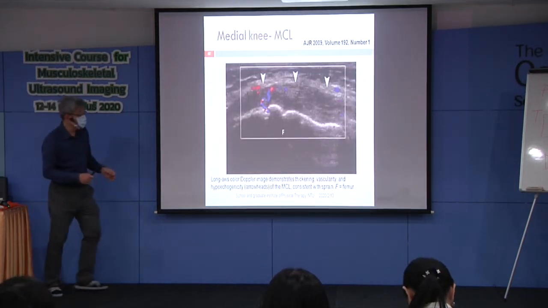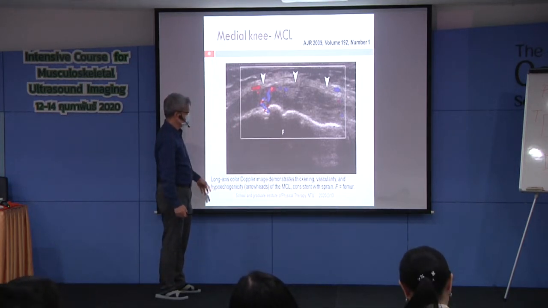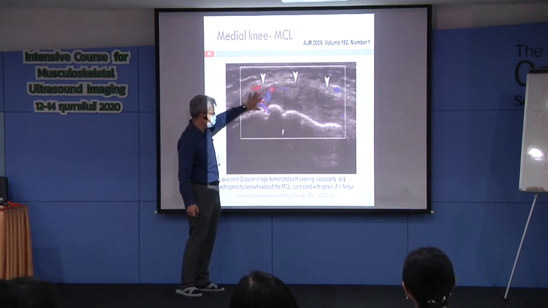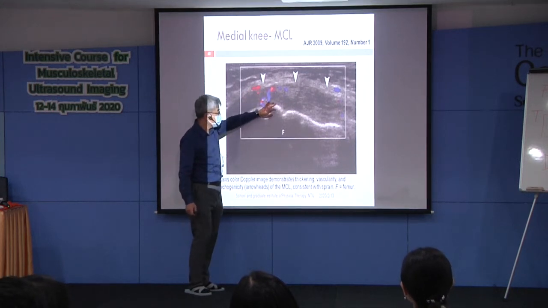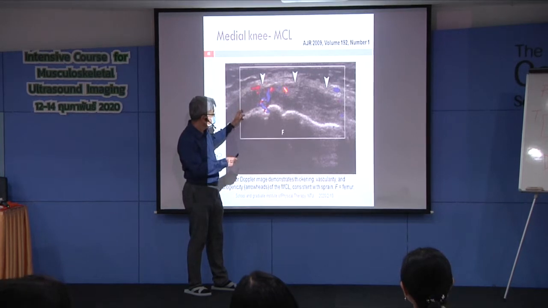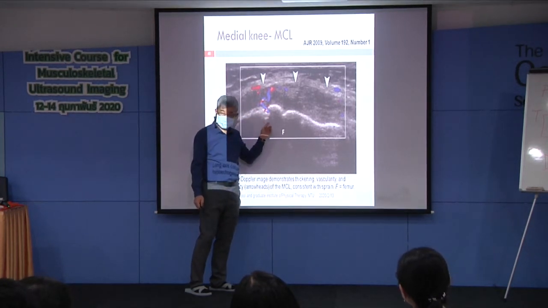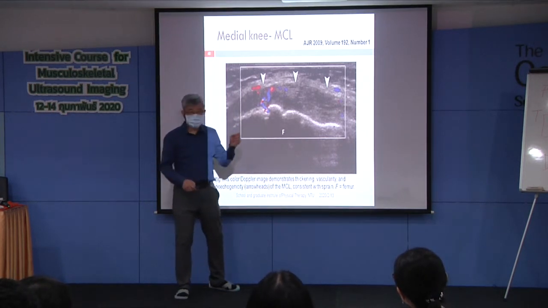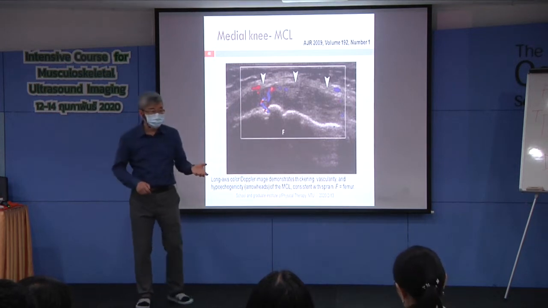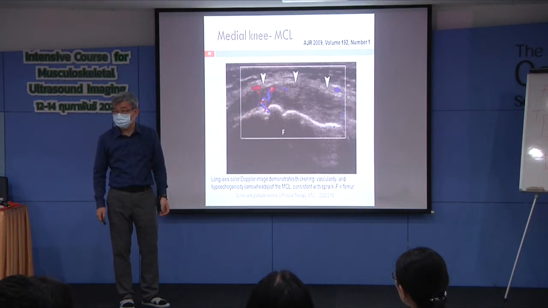Okay, this is a case of medial collateral ligament injury, hypoechoic, very dark, and a lot of color Doppler. But honestly, what's wrong with this image? If you were the author, basically we should use power Doppler, not color Doppler, right?